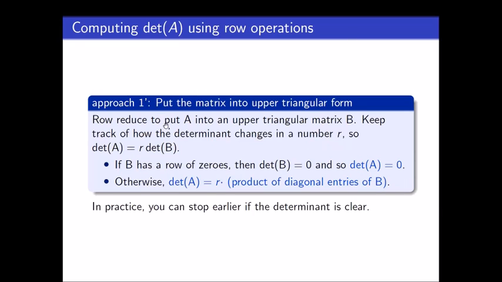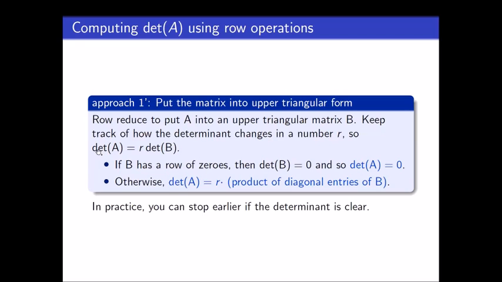So this new tweaked approach is going to be very similar. We're going to use row operations to change the matrix so that we can get something in an upper triangular form. And while we do that, we're going to keep track of how the determinant is changing under our row operations.